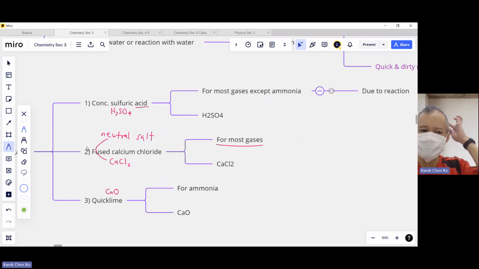Just a question, even though they have never asked this, have you come across this word fused? Fused means melted and then allowed to solidify.